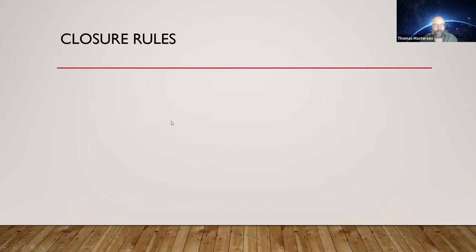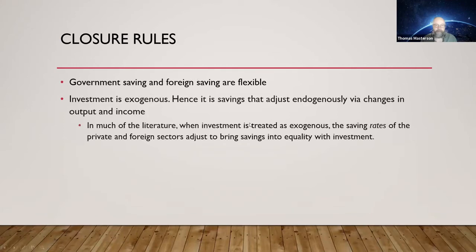So we're going to say that government saving and foreign saving are flexible. We're not going to assume what they are, so those are going to adjust based on what happens in the model. Investment, we're going to say, is exogenous.